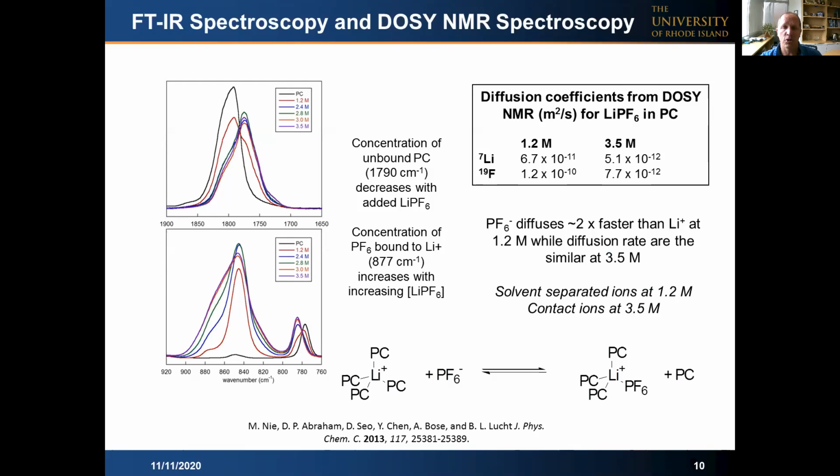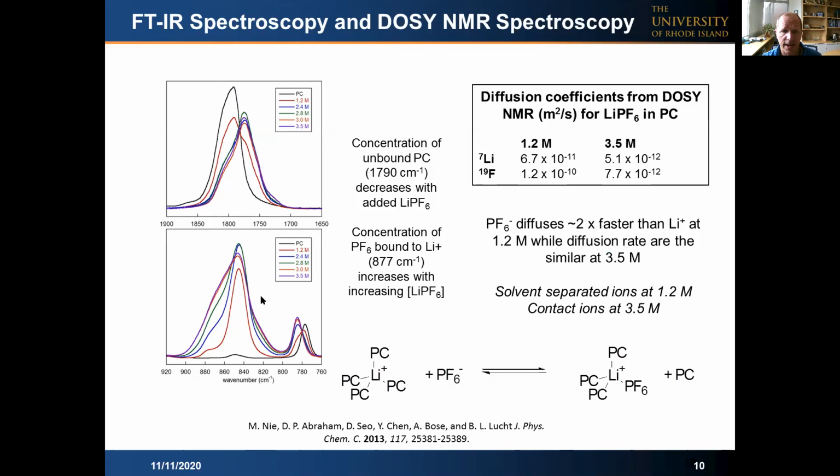So if we go back and try to understand what the difference is as a function of salt concentration and why our SEI is changing as a function of salt concentration in these propylene carbonate-based electrolytes, what we can see is if we look at the IR spectra, we see free PC in solution. As we increase the salt concentration, all of a sudden there's no longer any free solvent, and we only have propylene carbonate, which is consistent with being bound to the lithium salt.